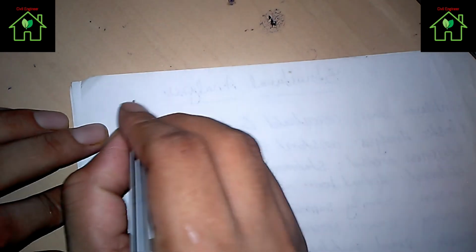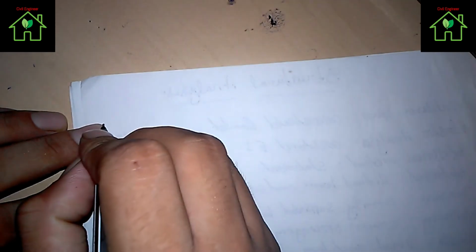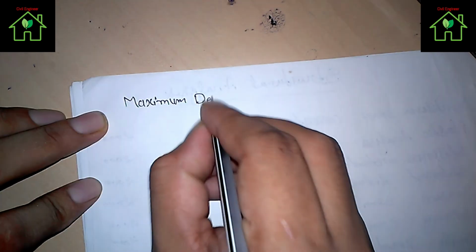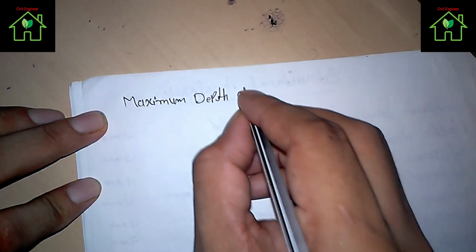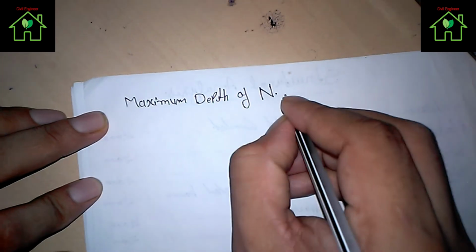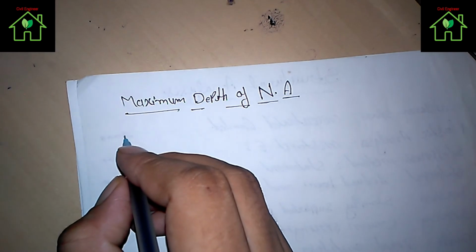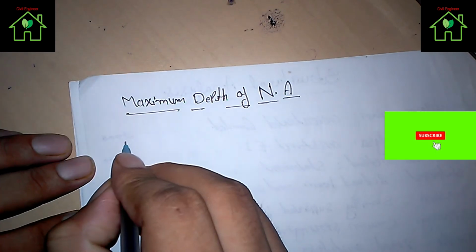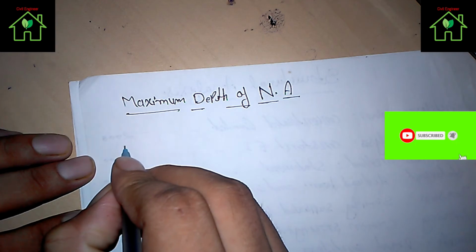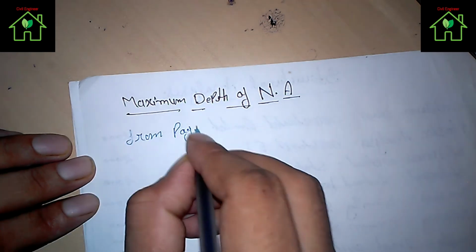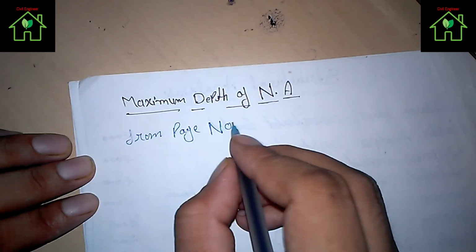Okay. After getting the value of area of tensile reinforcement, we will calculate the maximum depth of neutral axis. So here we will go to page number 70 of IS code 456/2000.